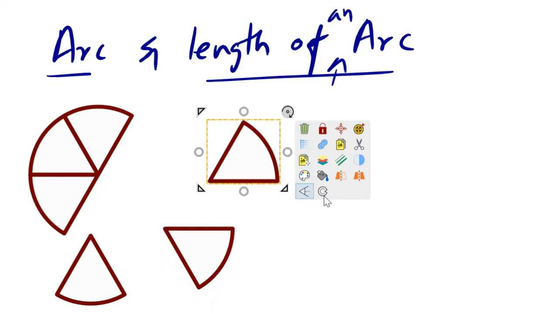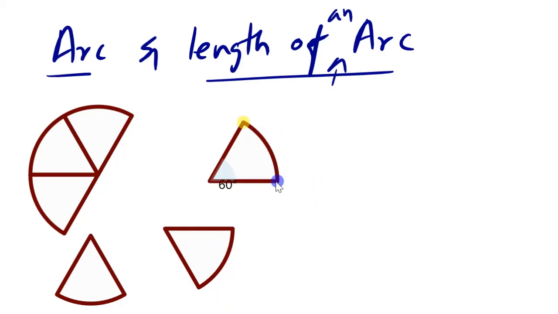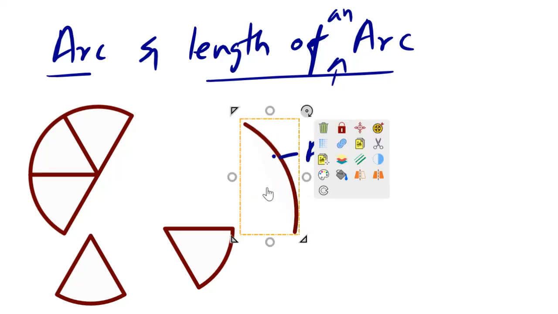Within that, we can have a part of the circle looking like this, which is named an arc. This is an arc. The size of the arc can vary. It can be small, it can be big, or it can be so big that it completes the circle itself.